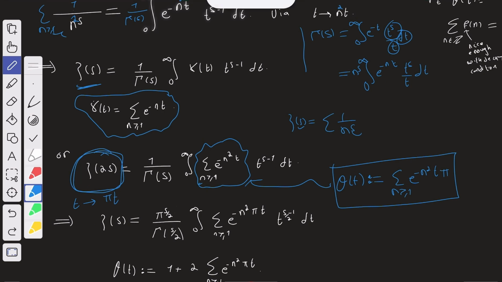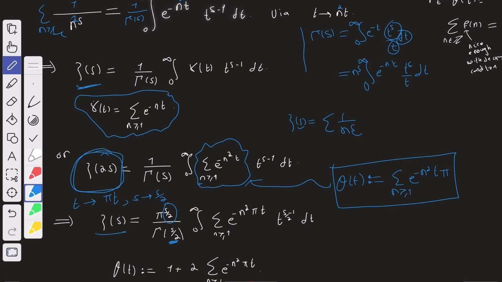How do we get to zeta of s back? Well, you can easily send s to s over 2. So if you do that, you will be having zeta of s here, and you'll be having this s over 2 coming from this, and you will be having gamma of s over 2, and the rest is the same.